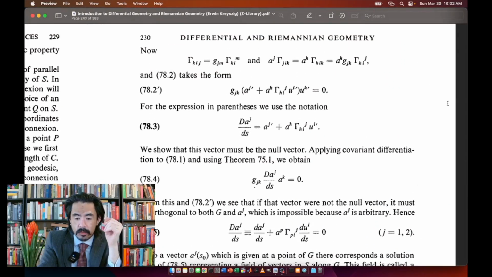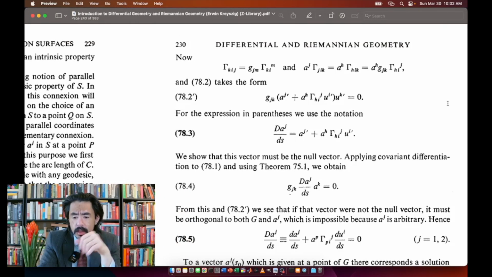Now that takes the form lowercase g sub jk times the quantity a superscript j prime plus a superscript h times Christoffel sub hi superscript j times u superscript i prime, closed quantity, times u superscript k prime equals 0.